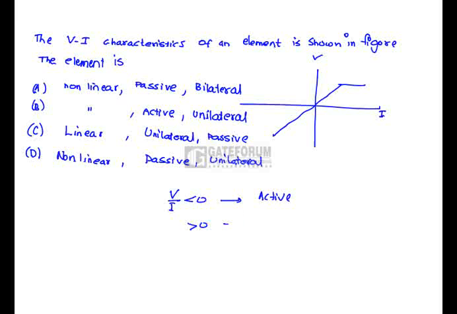If the ratio is greater than 0, it is passive. From this, it is minus V, minus I, so the V by I ratio is always positive. Hence the element is passive, as well as non-linear and unilateral. That is, option D is correct.